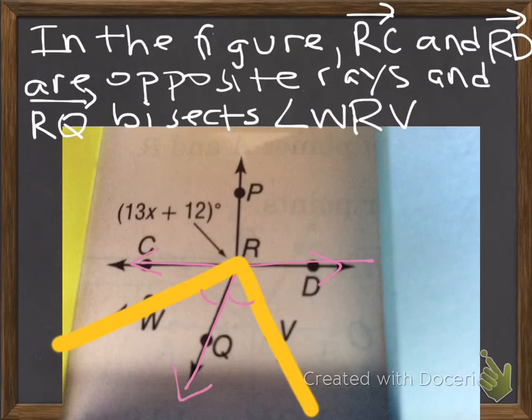And if we have opposite rays, that means that it's making a straight angle, which means that PR has to be perpendicular to CD, and that's going to give us that 13x plus 12 has to equal 90.